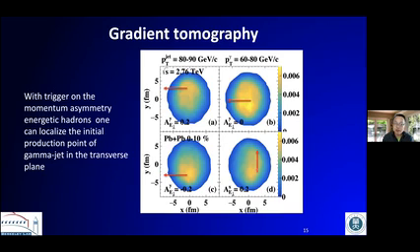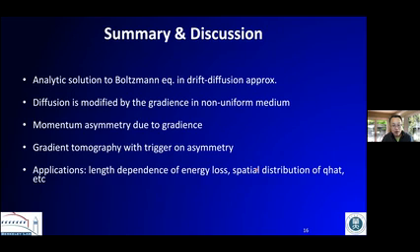And then with this localized initial production point, you can do many studies. Here is just one example: you can look at the length dependence of energy loss. By doing so, you can also do more detailed analysis of your data with this trigger. And hopefully you can also get a spatial distribution of the q-hat distribution in the heavy ion interactions.